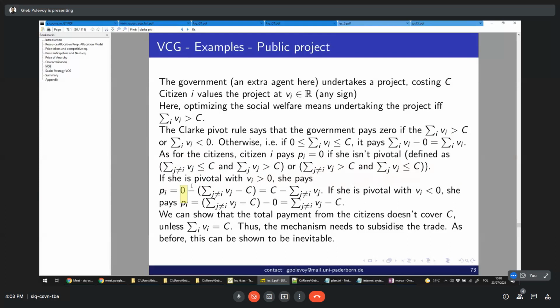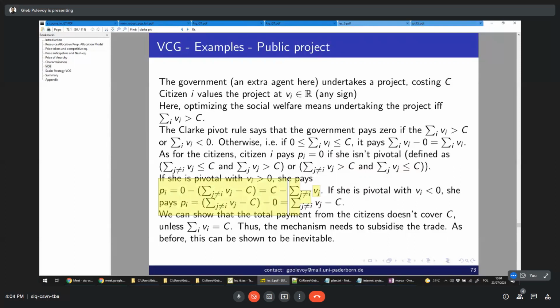People would not get anything, the government would not pay anything. It would be 0. Now, with you, people will get something, their values basically, and the government will pay that, because with you, the decision is to build. And the difference is C minus the sum of the values. Do you understand that? Yes.